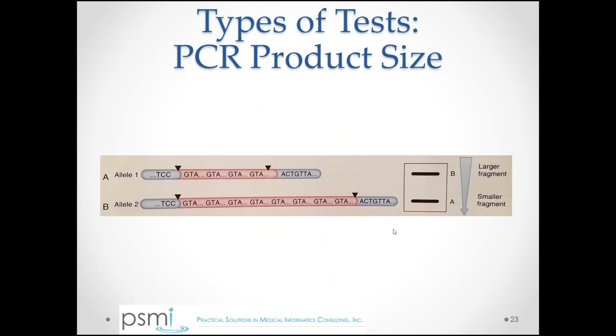So let's look at that again. Here we have two alleles, and let's say that allele 1 has 4 repeats, whereas allele 2 has 8 repeats. We amplify these regions using PCR, and then we take the sample and we subject it to electrophoresis.